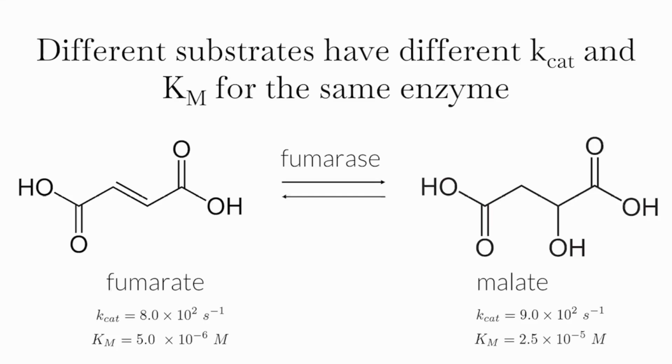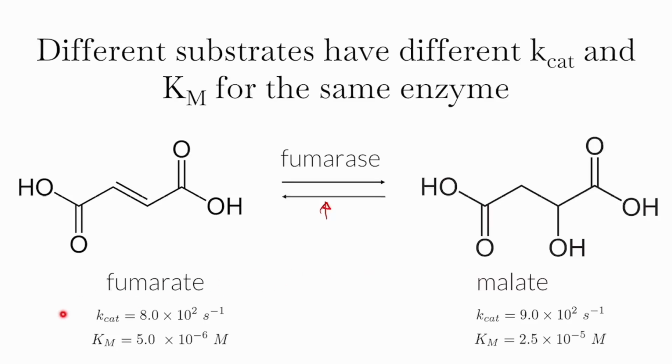Last bit of cleanup I want to put in here, and then we're actually going to be done with this, is we've talked about kcat and Km as though they're kind of a feature of the enzyme. But really, they're a feature of the enzyme with a particular substrate. So for example, this is the enzyme fumarase, which is an important enzyme in the citric acid cycle. It interconverts between fumarate and malate.